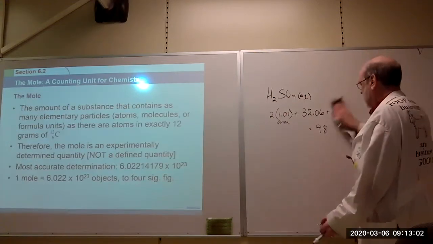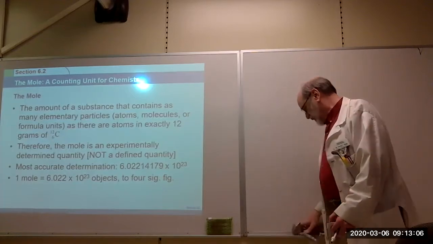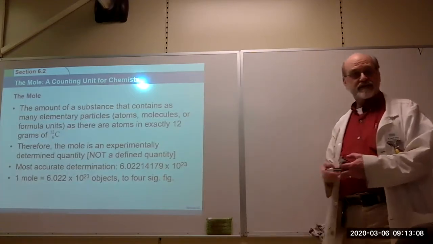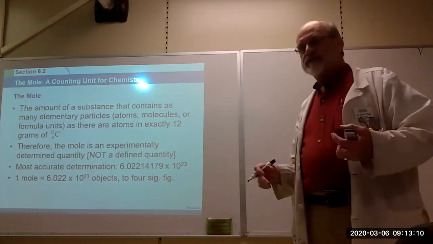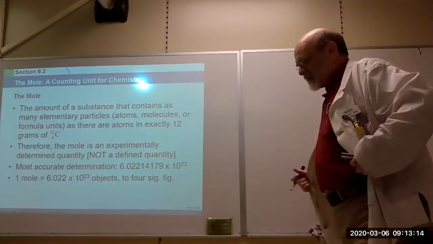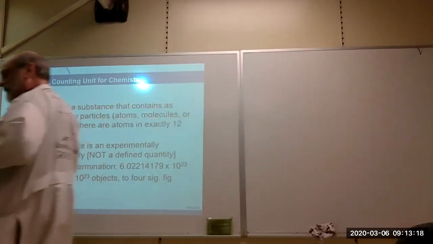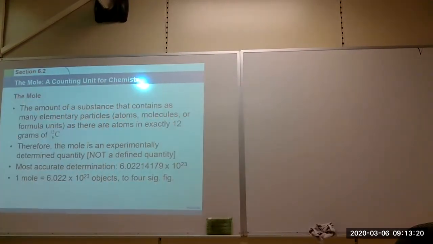Okay, but that's not very convenient. When we start having to measure things, we don't have any balances that measure in atomic mass units. So the atomic mass unit concept is a starting point to get us to something that we can use.